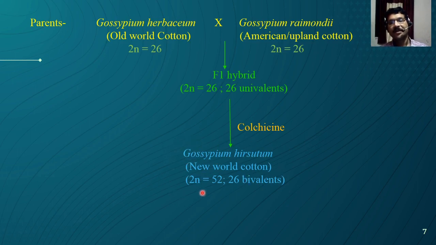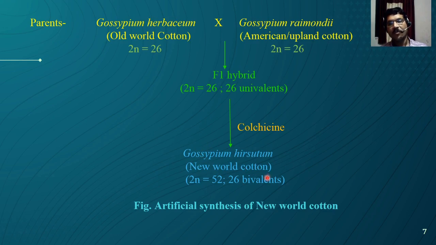It has diploid chromosome number 52, and it contains 26 pairs of chromosomes, or 26 bivalents. In this way scientists have artificially produced New World cotton, and this is tetraploid as it contains more than two distinct sets of chromosomes. It is known as allopolyploid.